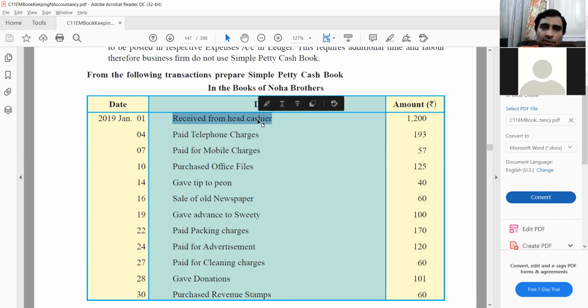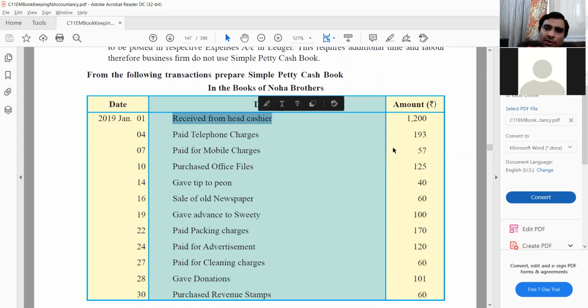So he will, on the first day of every month or at a predetermined frequency or when the cash balance falls below a particular level, give an X amount of money to the petty cashier. So, 1st Jan 2019 received from head cashier 1,200. This will come on the left hand side of the petty cash book. Right. Now, these are all expenses.